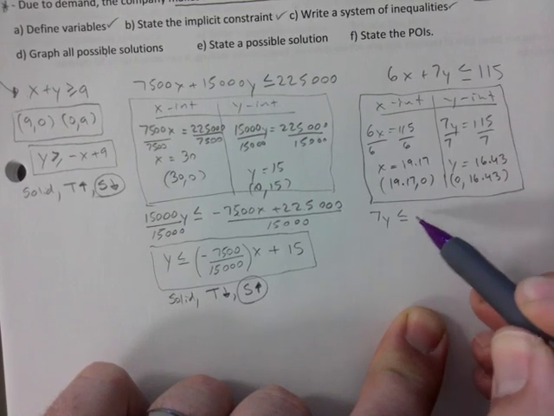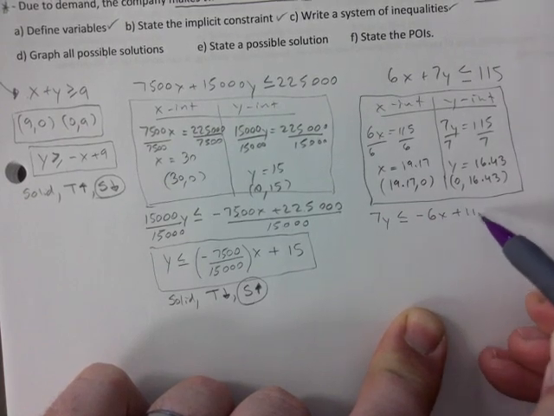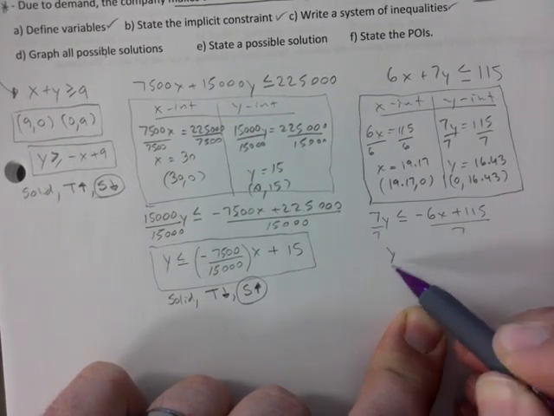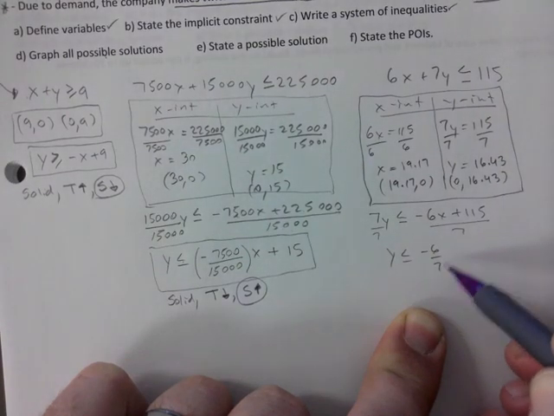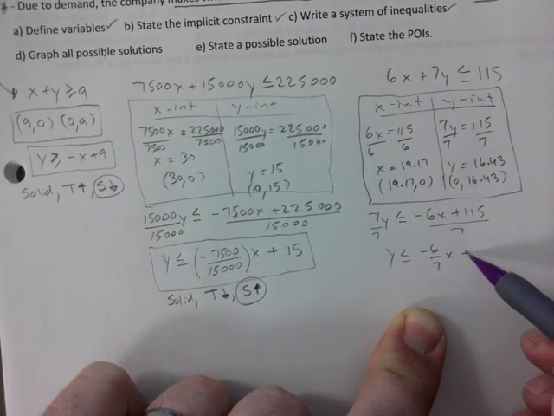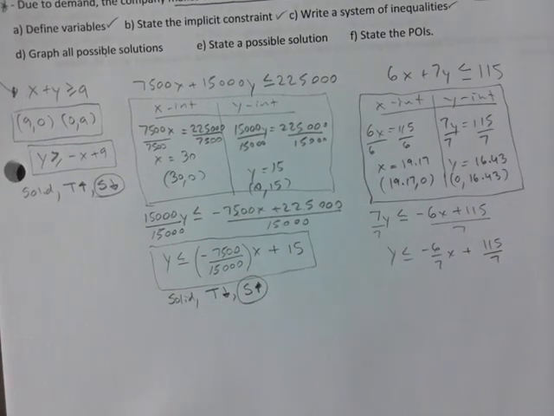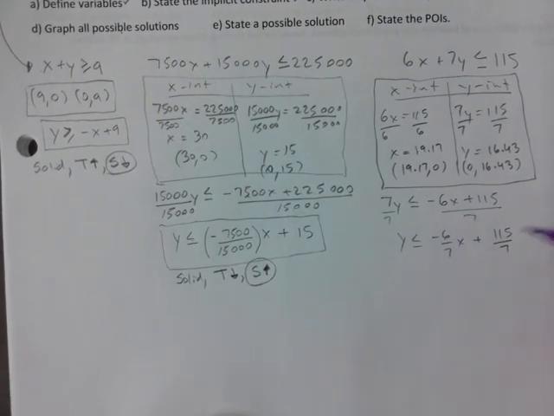Let's rewrite it. 7y is less than or equal to negative 6x plus 115. Divide everything by 7. Y is negative 6 over 7x plus, I'm just going to leave this like that. I'm not going to turn this into a decimal because it continues.